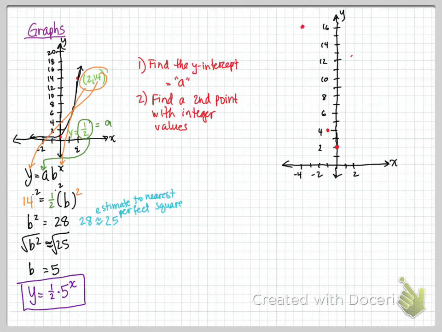So these will be pretty easy to find. Now what you should notice is that this is a decay, because as our x's are getting bigger, our y's are getting smaller.